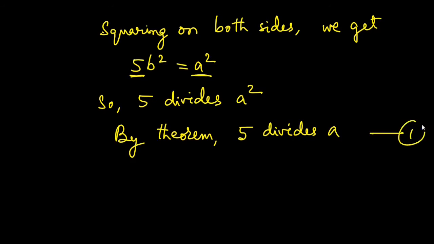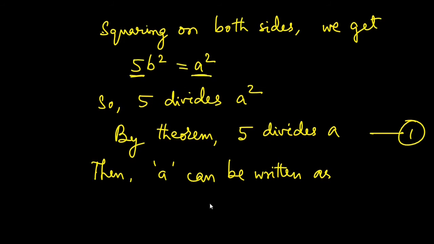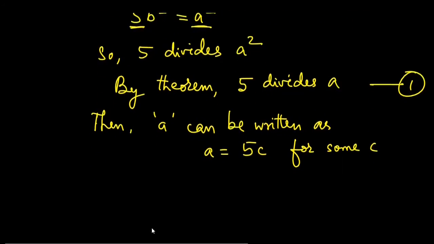So this is the first result we get. 5 divides a. When 5 divides a, a can be written as a is equal to 5c for some integer c.